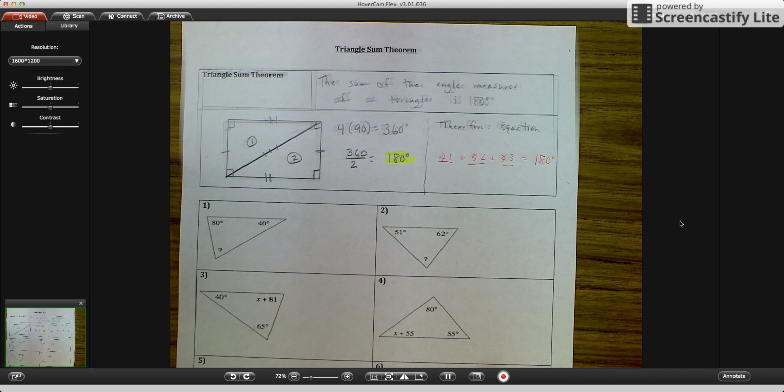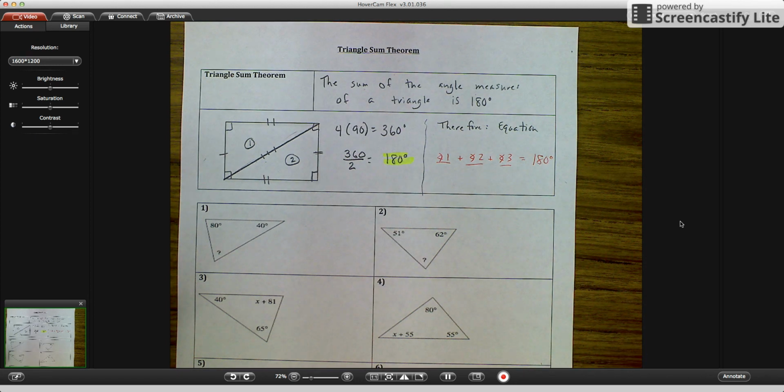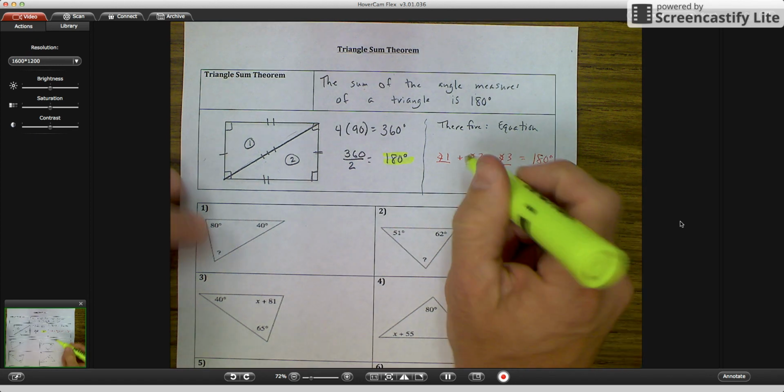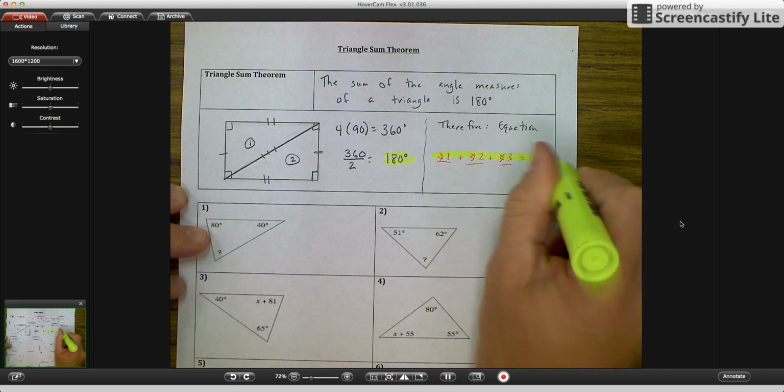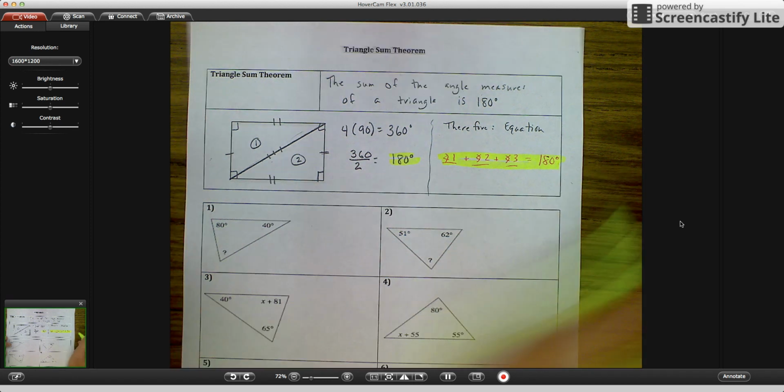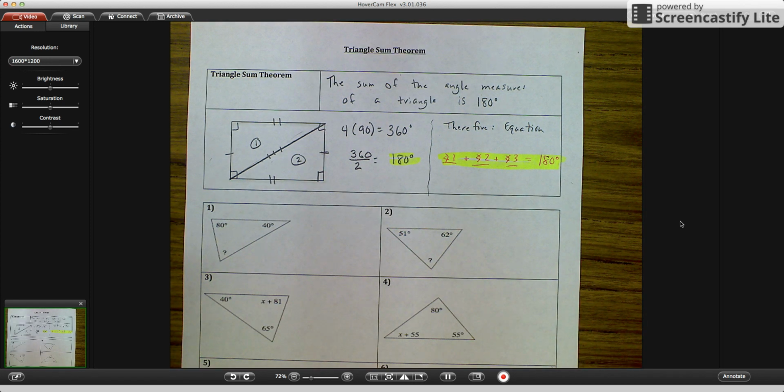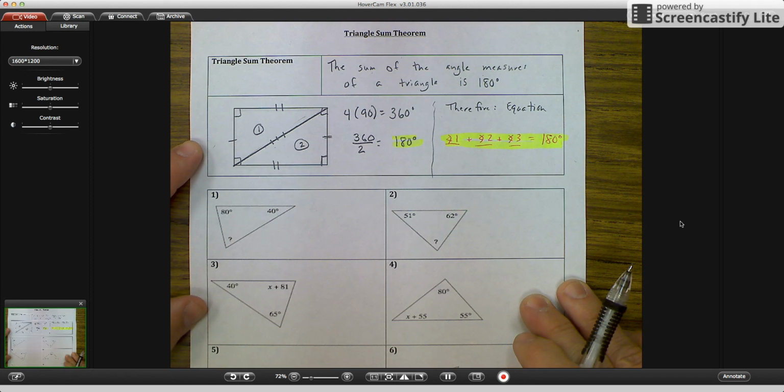So whenever you are solving for the interior angles of a triangle, the 3 angles added together equal 180 degrees. Okay?